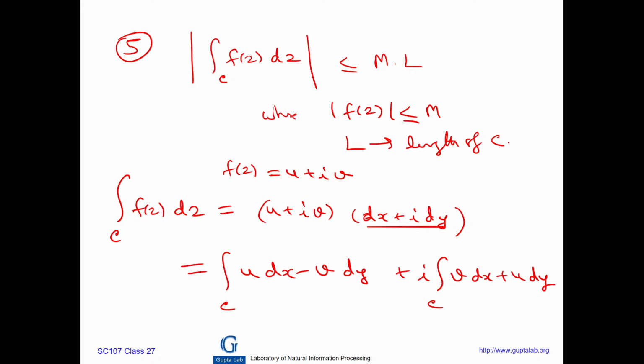If f of z is analytic, the conditions of Green's theorem are met, you can convert this into a double integral, and the Cauchy-Riemann equations are satisfied, so the whole thing will become 0. I'll show you that anyway.